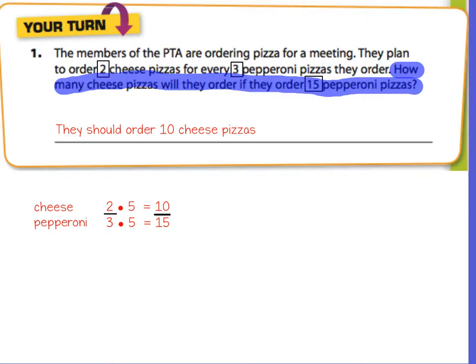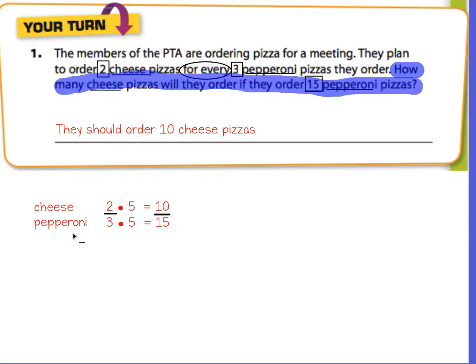Honestly, I would have circled for every because that tells me that I'm going to be setting up a ratio. All right. And then if you don't have something to indicate with colors, you can do cheese and then underline pepperoni, and how many cheese.